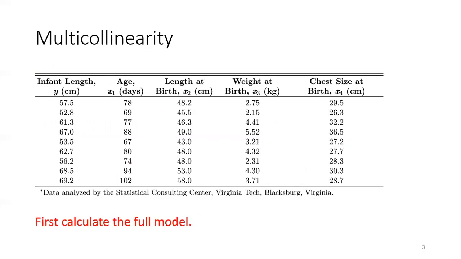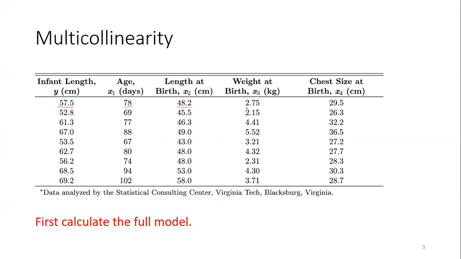So this is my data. I have nine data here, nine babies. For example, this is the first baby. His or her height is 57.5. He's 78 days old. His length at birth was 48 centimeters.